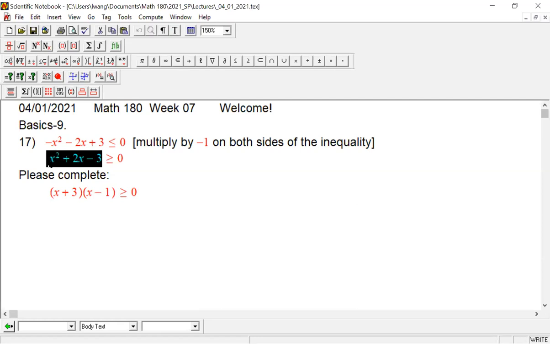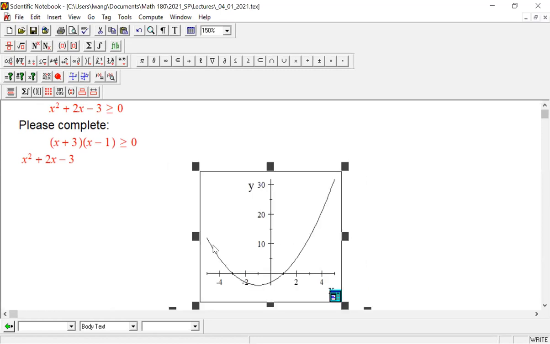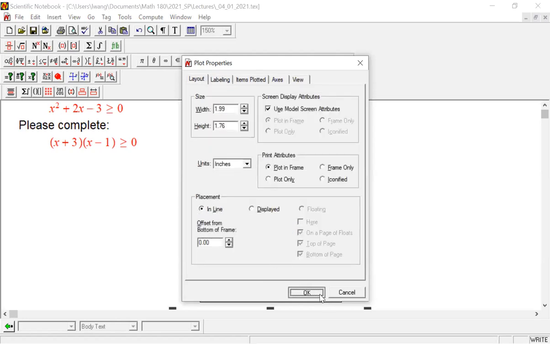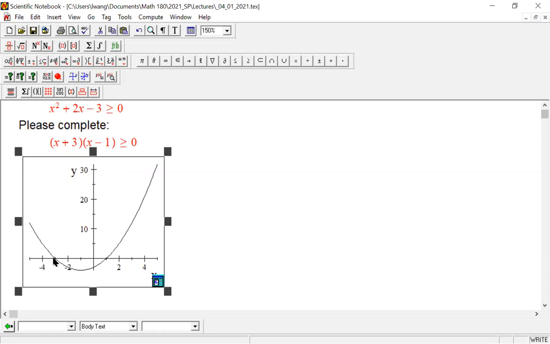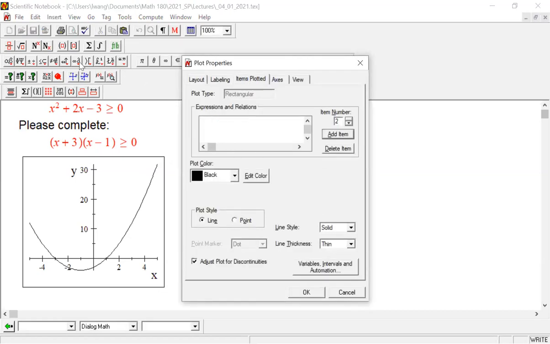you can go graphing. Graphing this parabola, and you identify immediately these 2 points of intersection, which are -3, 0 and 1, 0.